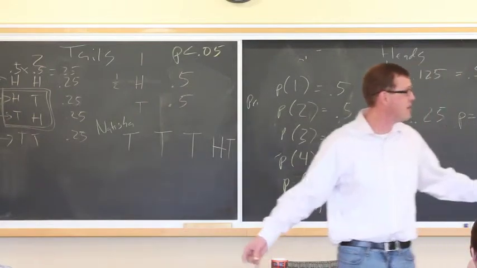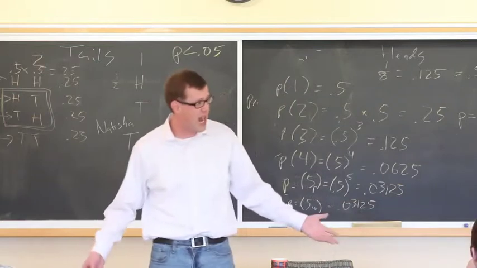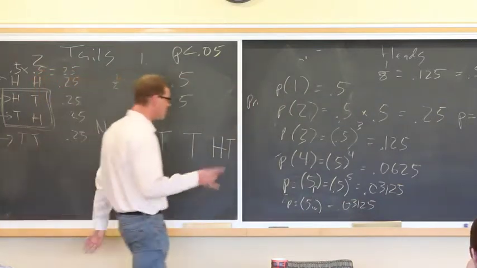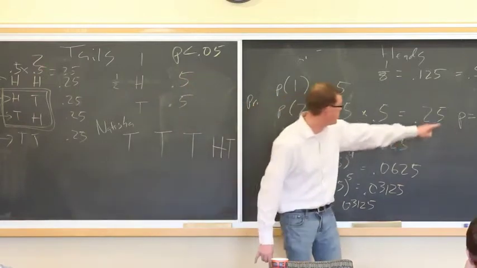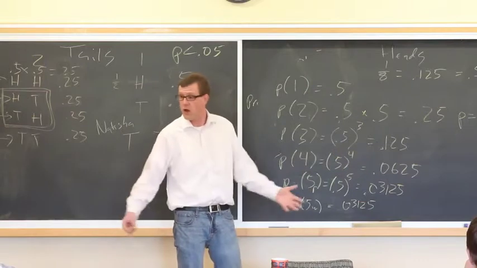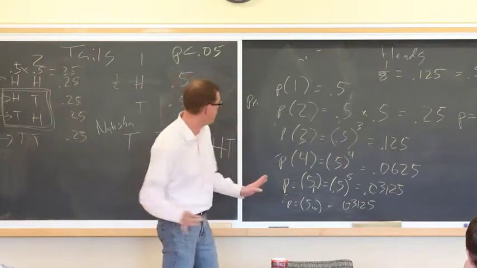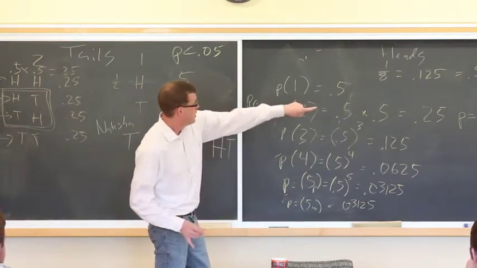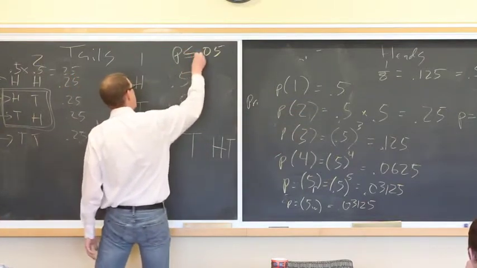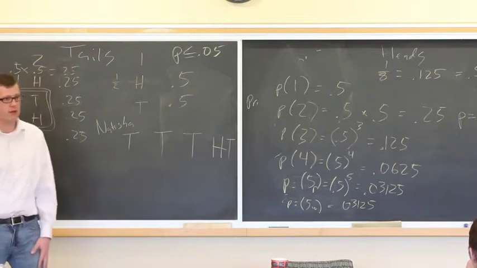Can't have a probability higher than 1 or 100%. Yeah, I've got a 200% chance. No, just 1. Adds up to 100. So all we need to do is just add up the probabilities that contribute to the thing that we're amazed by its extremity. So is 0.0625 less than or equal to 0.05?